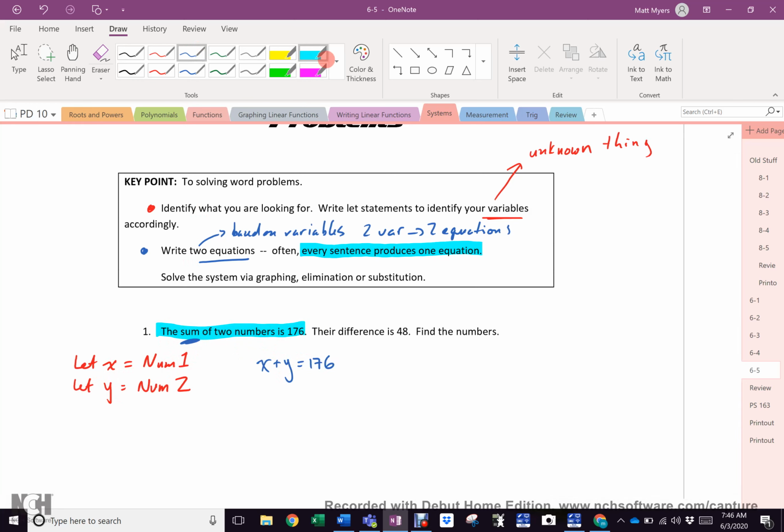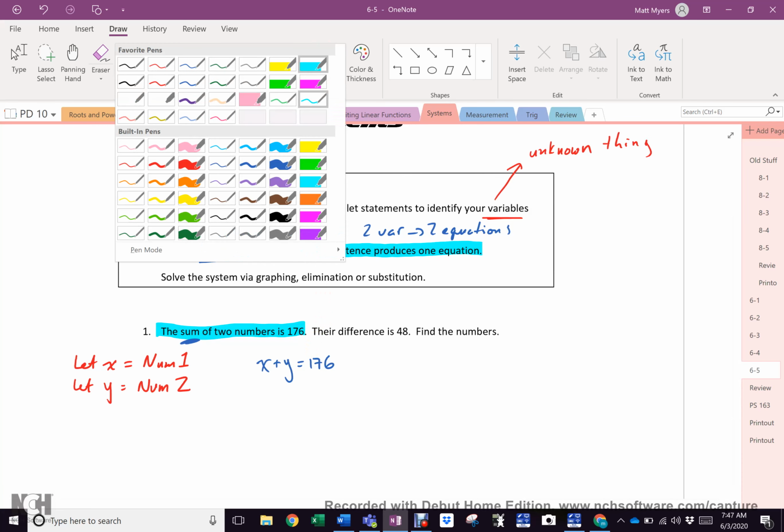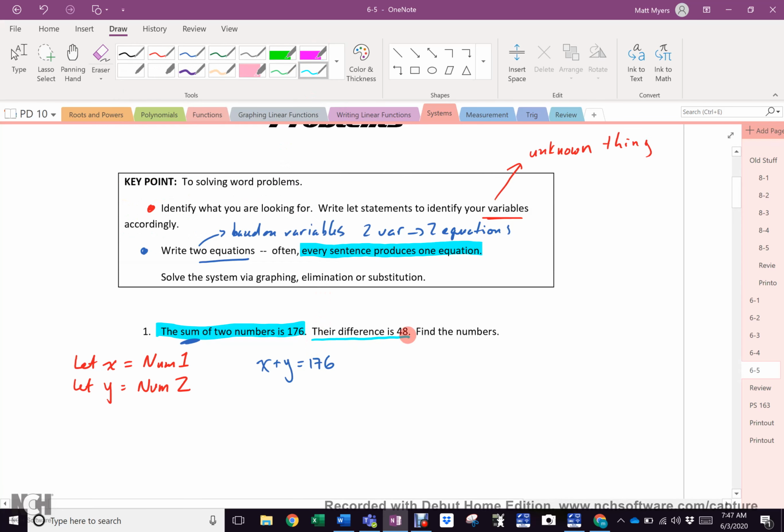New sentence. Their difference is 48, which means x minus y equals 48. And there's our equations. And we're going to do that 4 times.